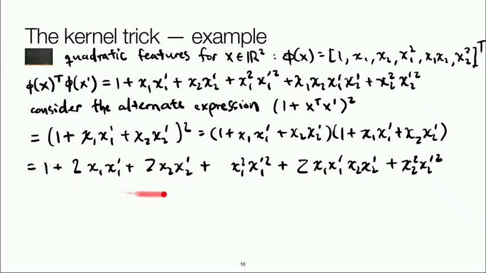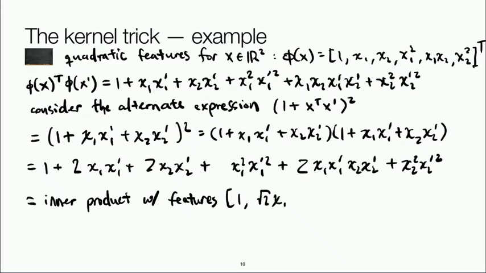Yeah, exactly. This thing that I have here is very similar to this thing. I have some 2's that are poking out, but other than that, everything looks pretty much the same. So actually, what this turns out to be is also an inner product, a dot product, with features that are very similar to these quadratic features that I already defined, just with some root 2's thrown in, because I get these 2's popping out.